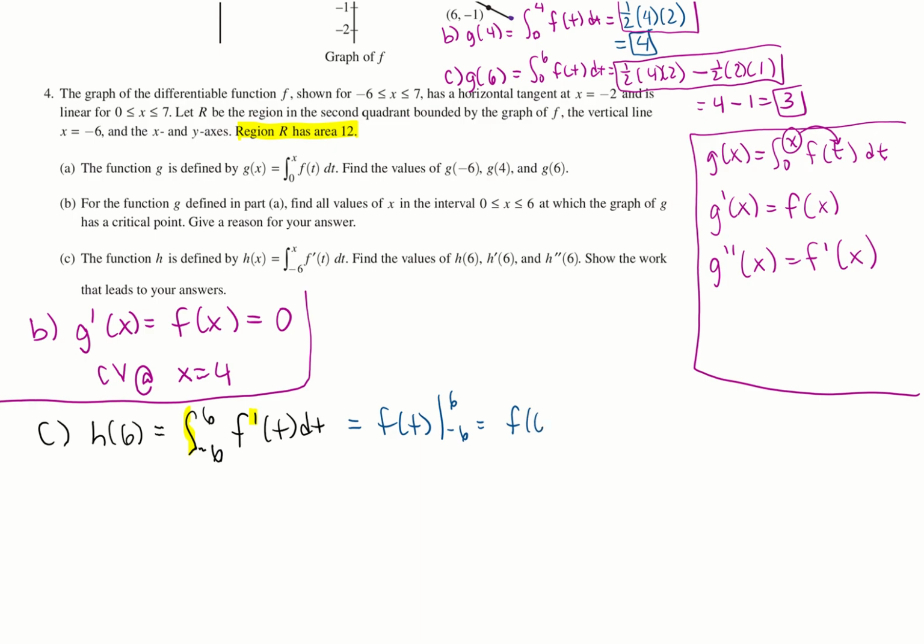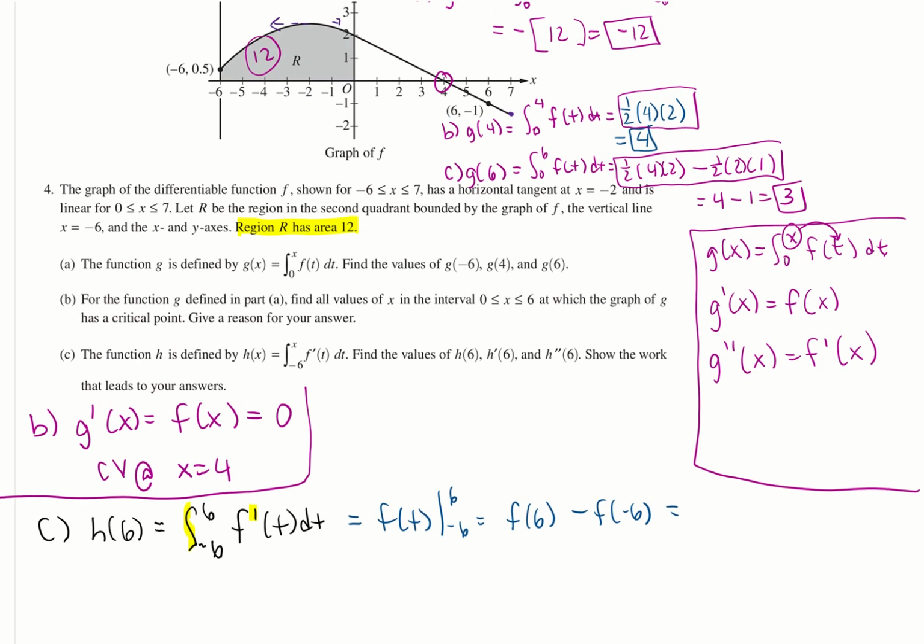So in other words, this is f of 6 minus f of -6. And I can look at my graph for these values. F of 6, they told me 6, -1 is a point on f, so that would be -1. And then minus f of -6, they gave me that as 0.5. I could leave this just like that if I wanted to, or if I wanted, I could choose to simplify that to -1.5.